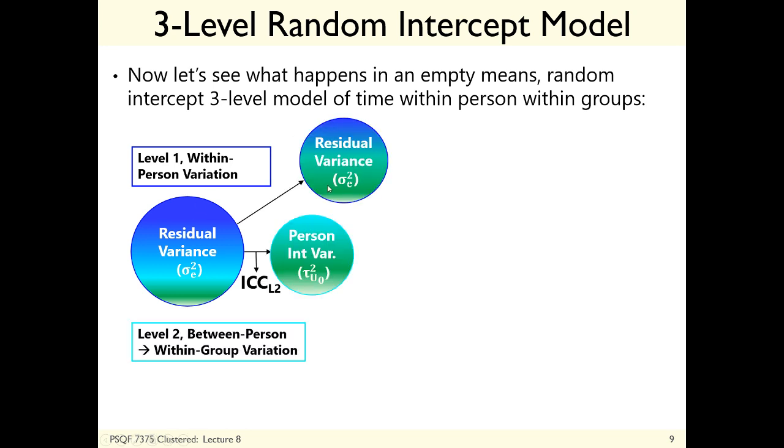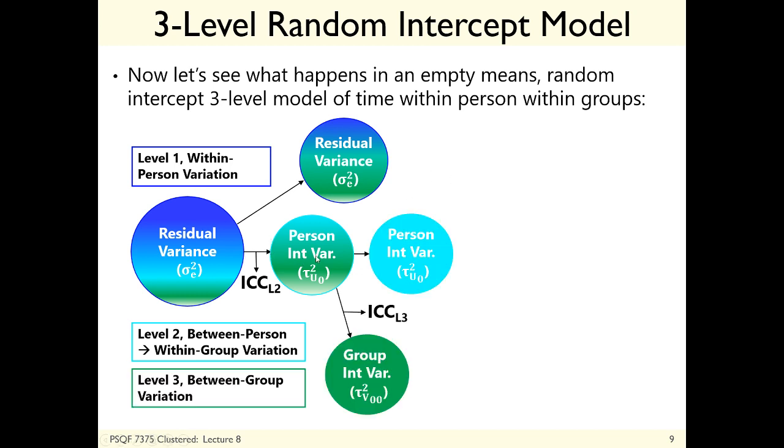Okay, so what I just said, in a 3-level design, if I start with all the variance in one pile, split it into what is level 1 and level 2. I'm labeling this the ICC for level 2 because it's out of the total, how much is person level 2 intercept variance. Now this one splits.